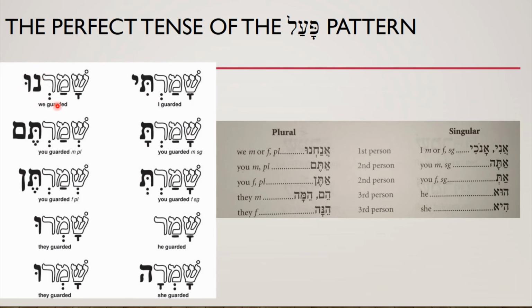So the first person common plural, the ending is nu, which is the same sound and same form as anachnu, the first person common plural. Also, second person masculine plural, tem, mirrors the second person plural subject pronoun atem, as well as the second person feminine plural ten, which mirrors the subject pronoun aten.